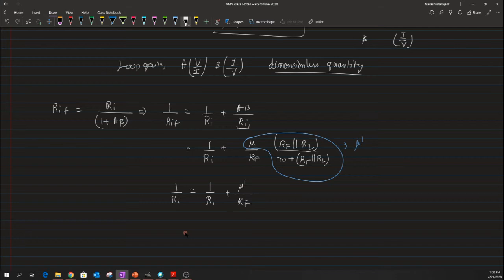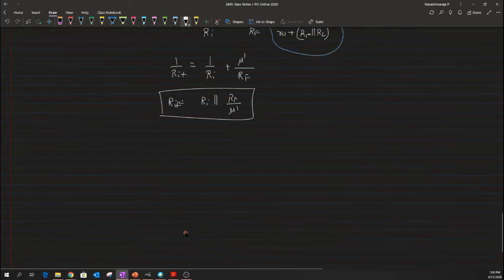This means that the input resistance Rif could be written as Ri in parallel with Rf divided by this mu prime. So one could quickly end up having this result. Now again there are a few more simplifications that can be done just to eliminate the source impedance here.